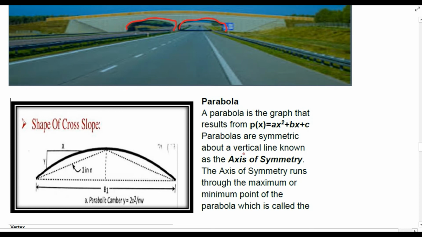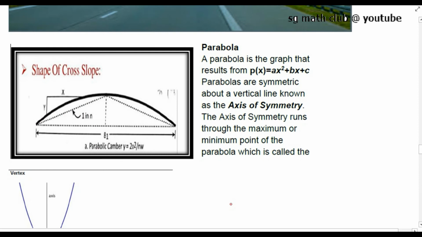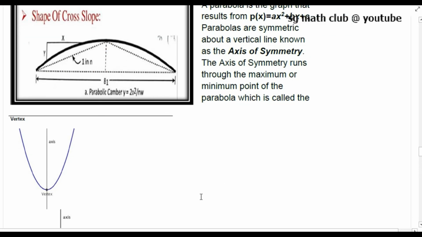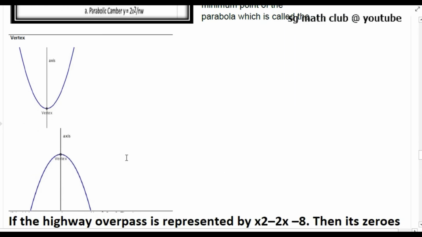Parabolas are symmetric about a vertical line known as the axis of symmetry. The axis of symmetry runs through the maximum or minimum point of the parabola, which is called the vertex. So they have given the vertex picture here also, and this line is the axis of symmetry.